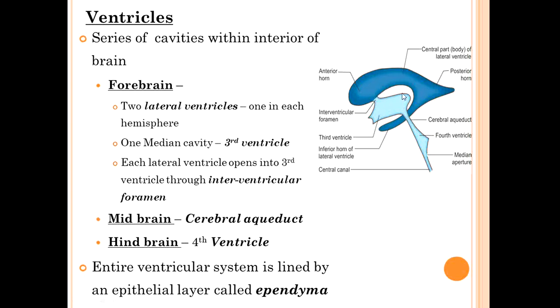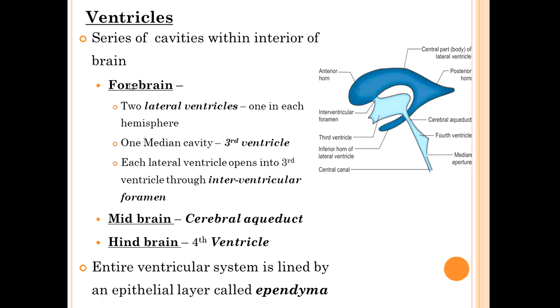Now this third ventricle continues via the cerebral aqueduct into the fourth ventricle. So there are two lateral ventricles, one third ventricle, then one fourth ventricle.